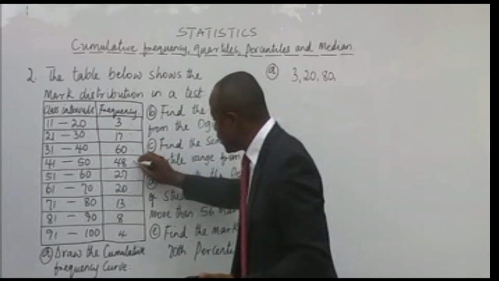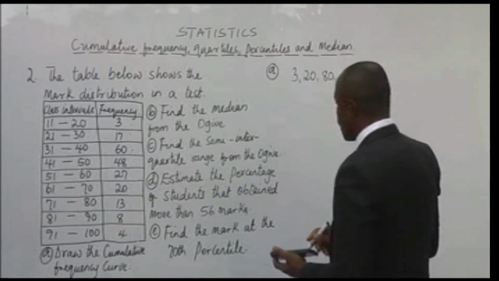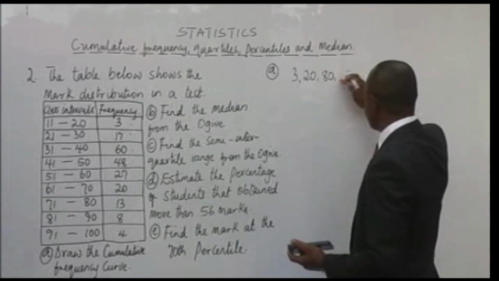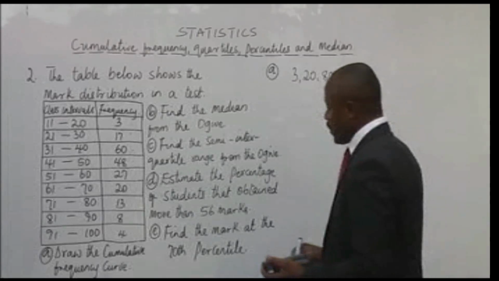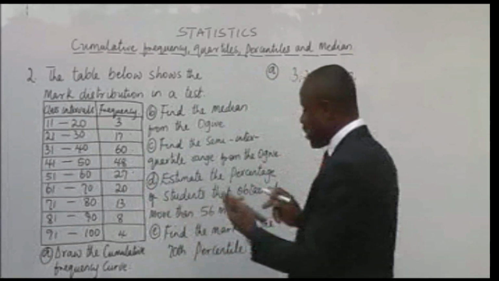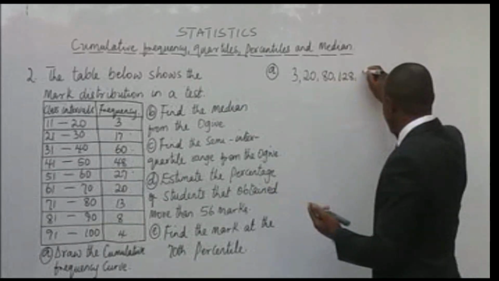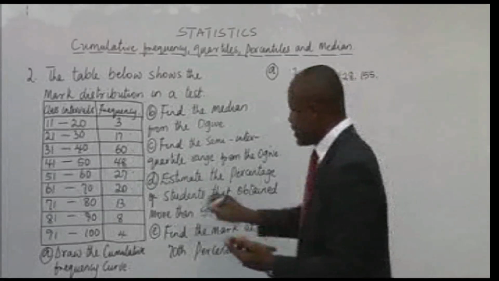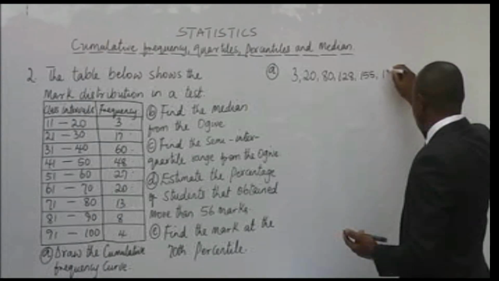The next one is going to be 80 plus 48, which will give you 128. 128 plus 27, 155. The next, 155 plus 20, 175.